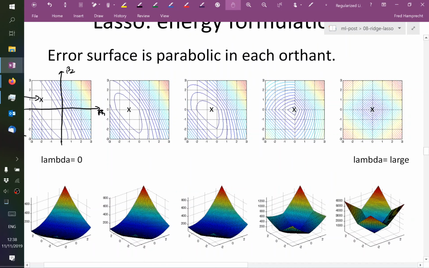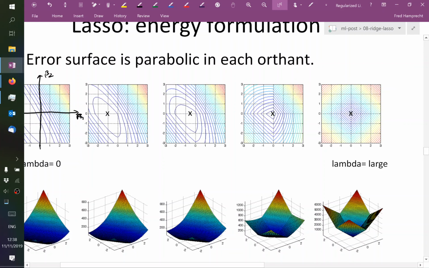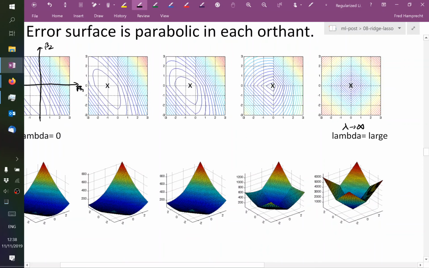Now if we set lambda to infinity, then we only see this regularizer. We see those isocontours of the L1 norm of beta. These are 4 planes, and the single optimum is to just set all the coefficients to 0 and be done with it. Now, the more interesting cases are in between. Let's look at this one here. Here, lambda is large, so I'm adding up my parabola with this L1 term.